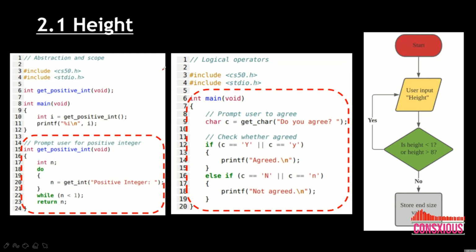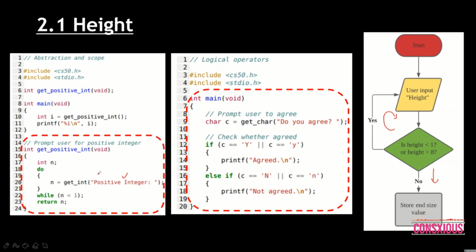For this part, we can use something like a do while loop. A do while loop prompts the user at least once, then gets the value and tests the value.